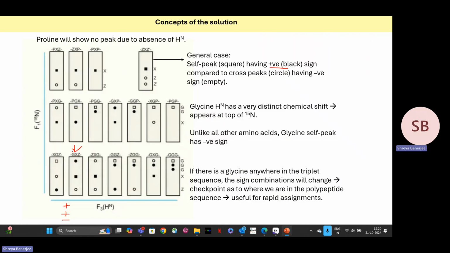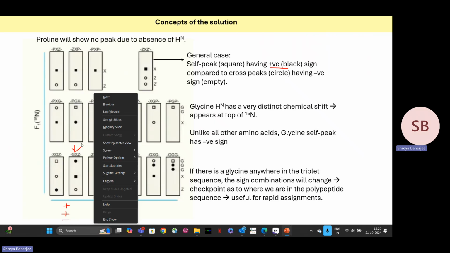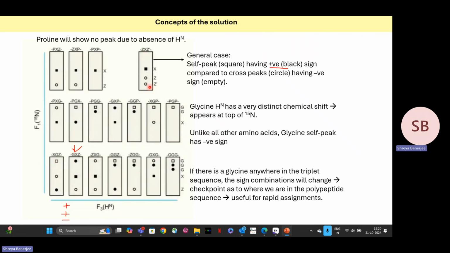So what you can remember is that the general case is plus, minus, minus. So this is the general case. Now, whenever you have proline, one peak will be missing for each proline because proline does not have an amide hydrogen.